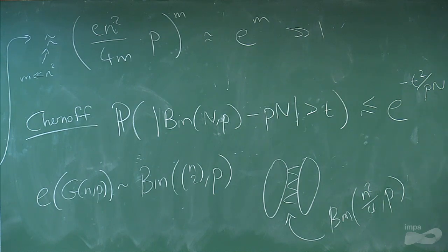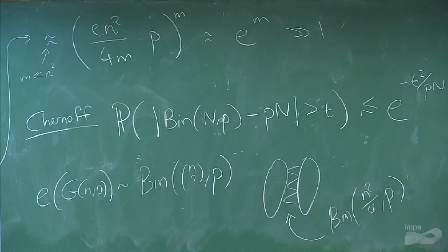Right. So the probability that the binomial, n squared over 4, p, is bigger than m, where m is that guy over there, is at most like e to the minus delta squared times pn squared.